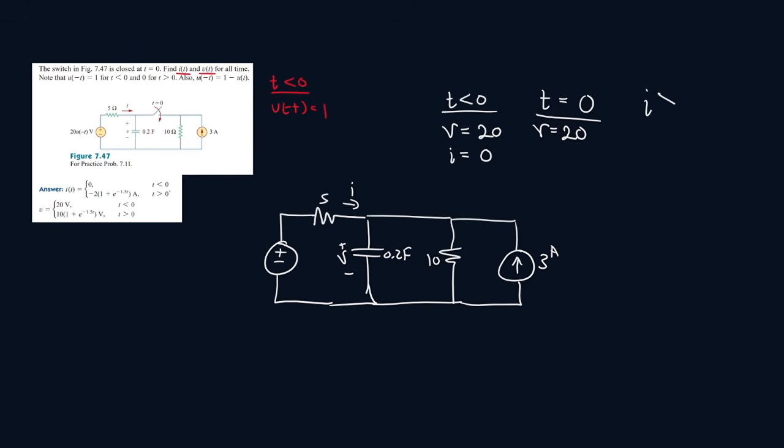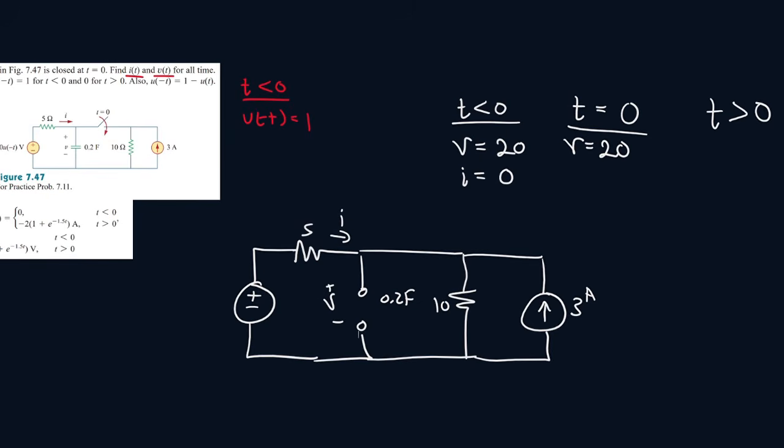So now let's focus on when t is greater than 0. So let's find the current passing through here. It's equal to the capacitance times the change in voltage over the change in time. Time goes to infinity. So we can replace this with an open wire. And so now we have to find the voltage here, which will be the same as the voltage here.